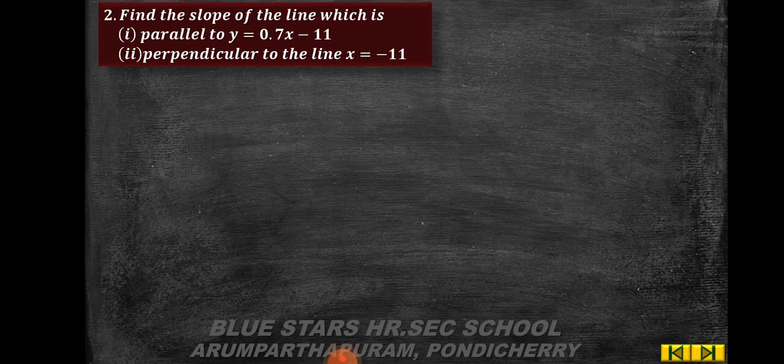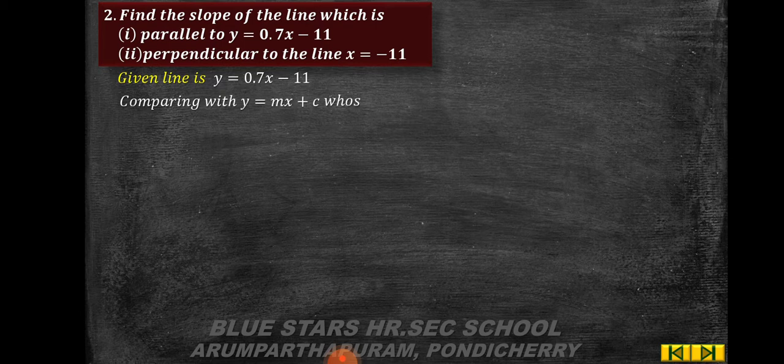Problem number 2 in exercise 5.4. Find the slope of the line which is, first one, parallel to y is equal to 0.7x minus 11, and second subdivision is perpendicular to the line x is equal to minus 11. So solution, given line is y is equal to 0.7x minus 11.